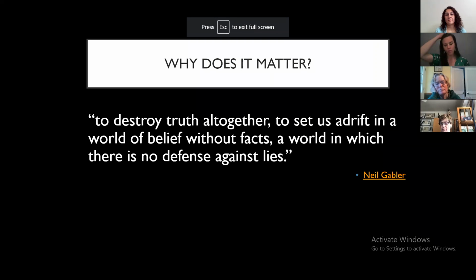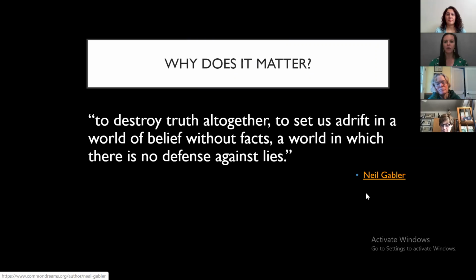There's a couple of quotes that I found that I think really drive home the bigger picture of why spreading fake news matters. Neil Gabler is a researcher who works in this kind of stuff, and he said, "To destroy truth altogether, to set us adrift in a world of belief without facts, a world in which there's no defense against lies."